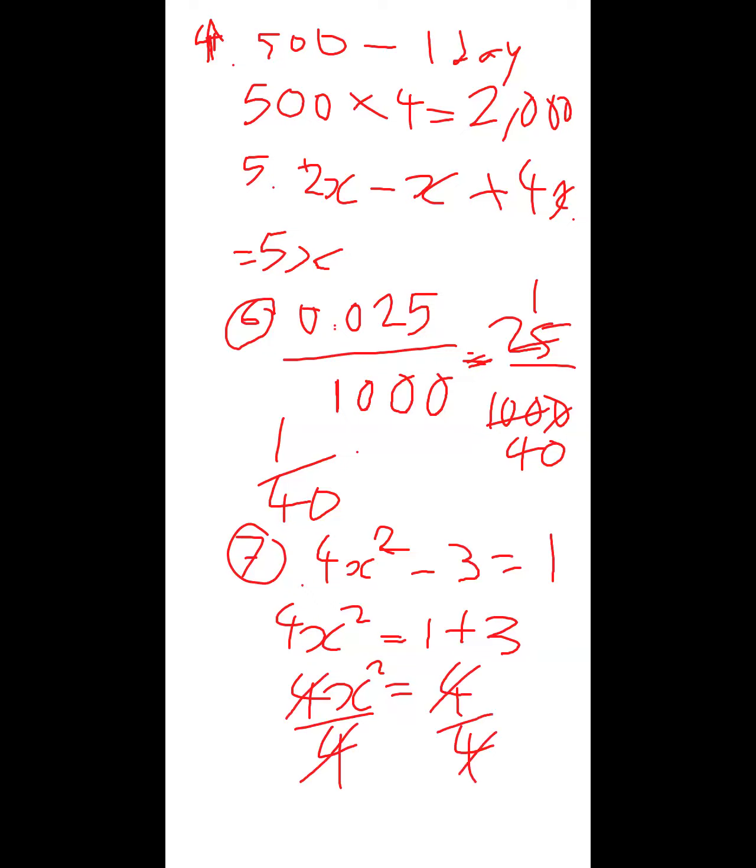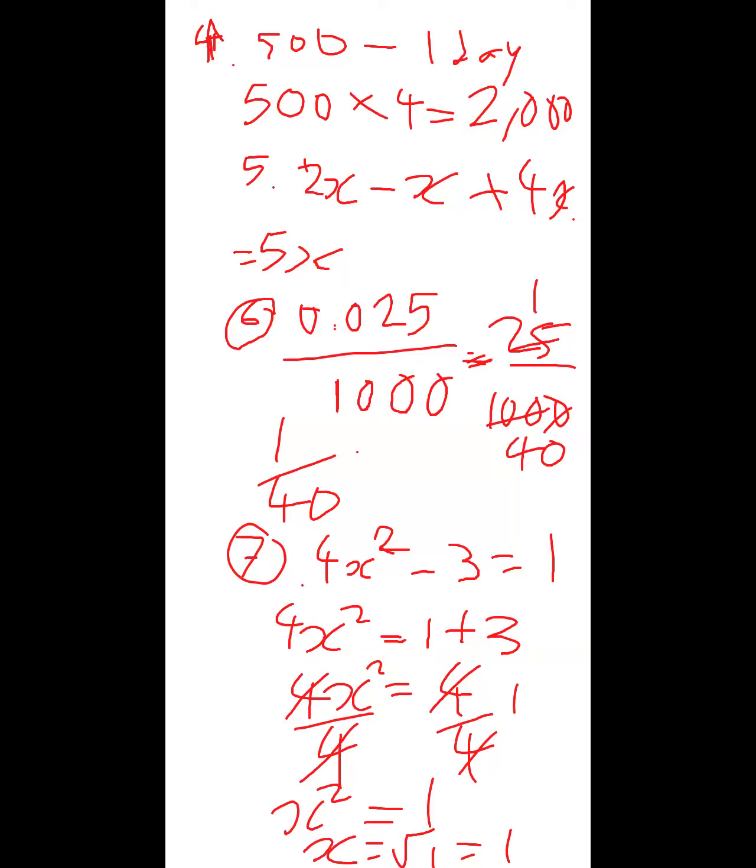Yes, it's going to be 1, but we're going to have that x squared equals 1. Now, of course, I'm going to need to find the square root of both sides. And the square root of 1 is what? It's still 1, right? Did you get that? The square root of 1 is 1.